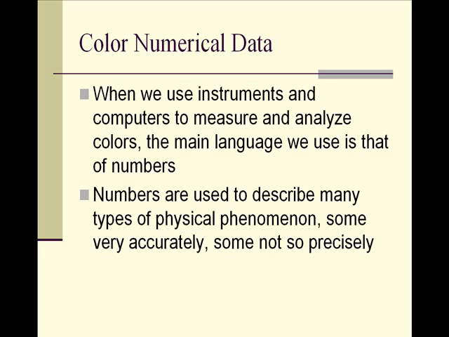So not only do we, in science, use numbers to describe color, we also use them to describe many physical phenomena. Newton's 3 laws of motion are mathematical laws. In physics, physics is really the application of numbers to physical phenomena.